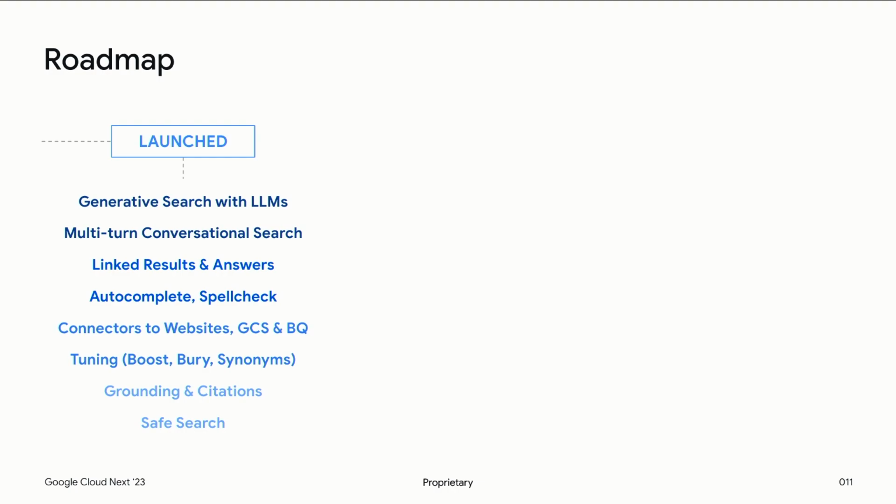Standard features like autocomplete, spell check, query understanding, and query intent are all already built into our websites. We are launching more things on connectors, and we'll talk a little more about what new connectors are coming. We have configurations available where you can decide how you want to boost, bury, and do other things. And finally, the most important thing is providing you levers for safety in search, as well as for building an application more focused on responsible AI.